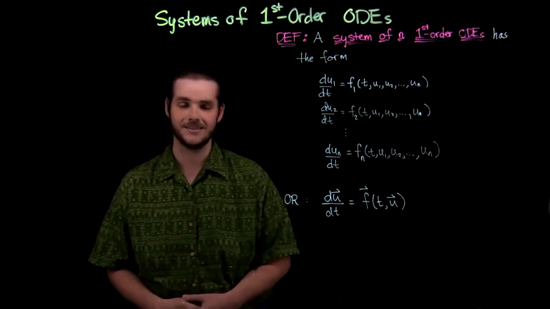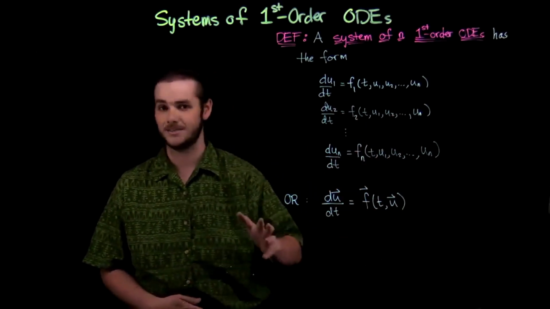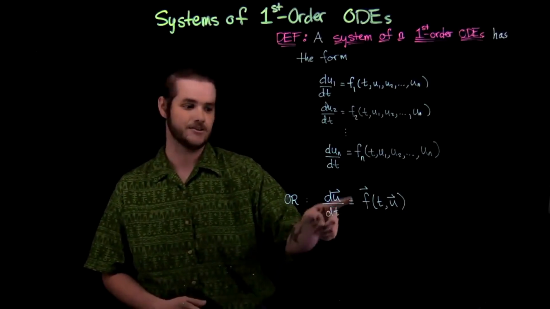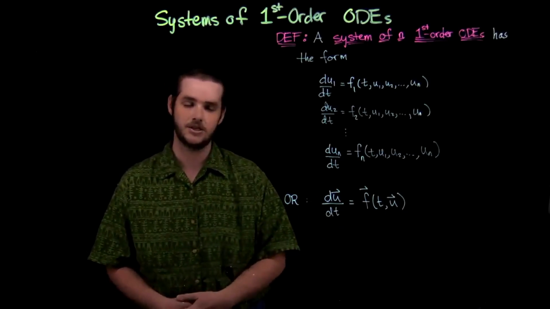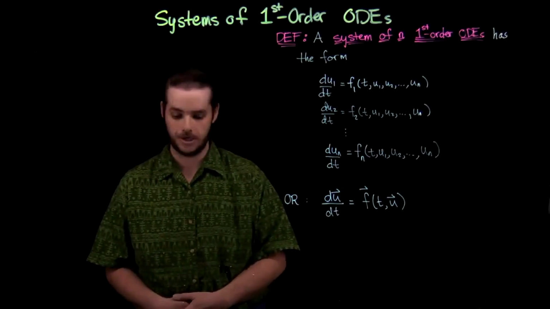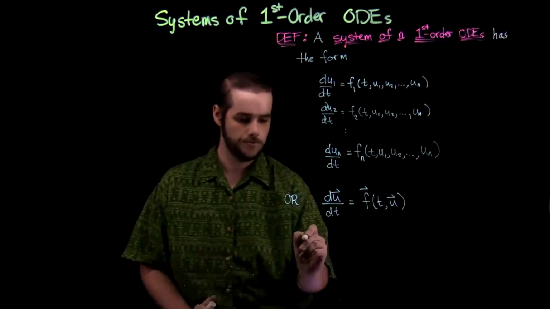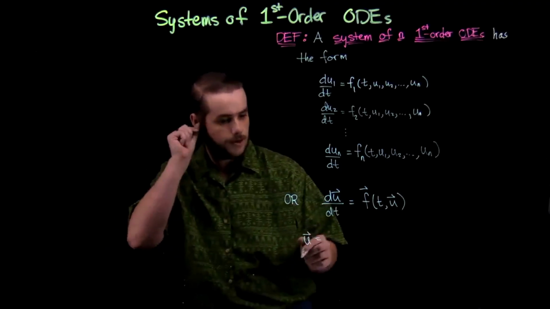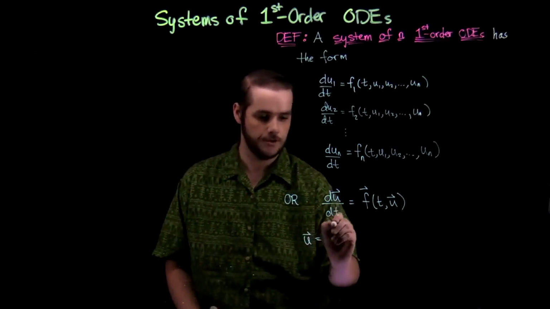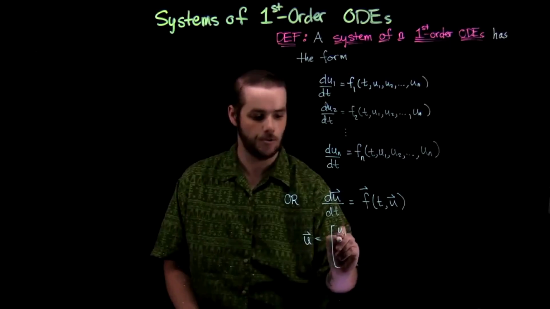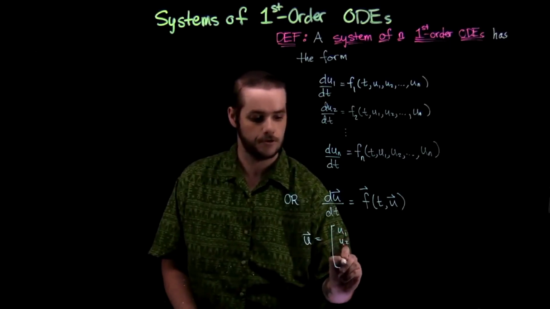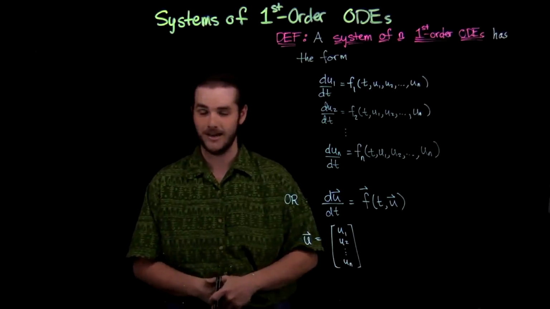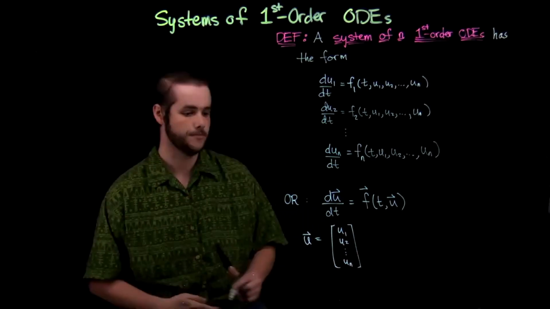Oftentimes, you'll see these condensed because the writing gets to be a lot, in vector notation. So I can write this entire system as the derivative with respect to t of vector u, where u is, if you prefer vector notation, the vector u1, u2, down to un, or u1 x1 hat plus u2 x2 hat, and so on.